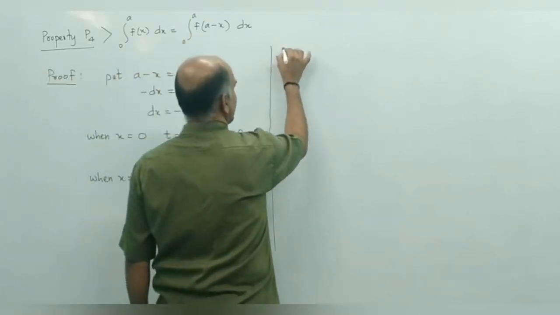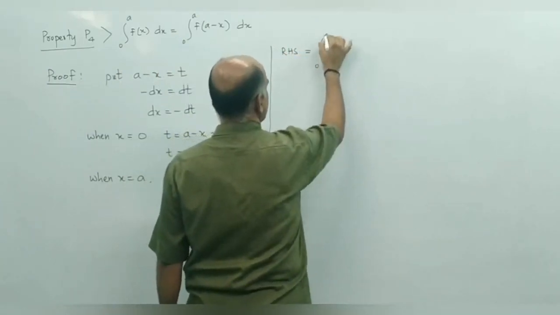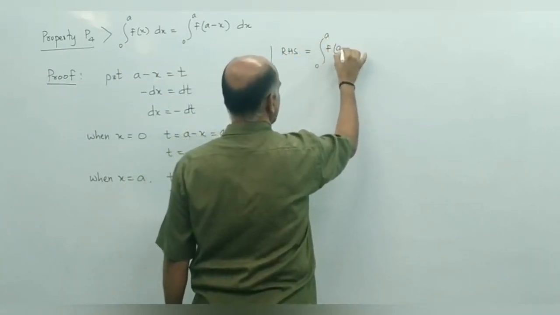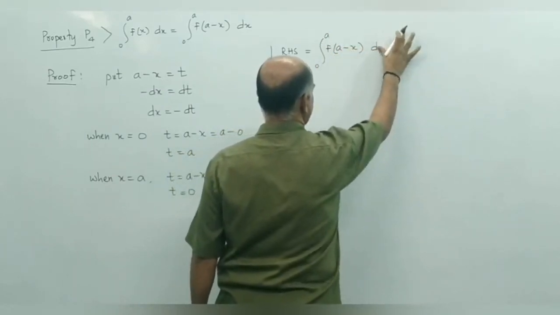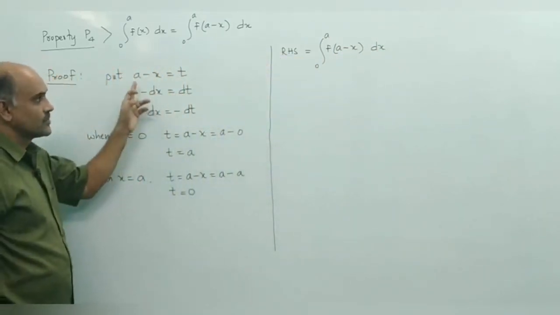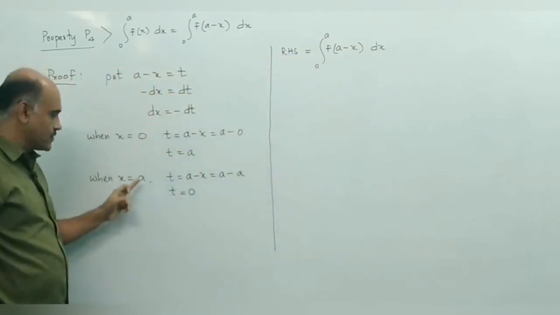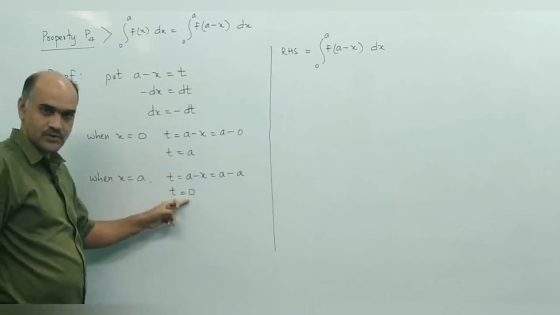So if I take RHS, 0 to a f of a minus x dx. Now 0 to a: when x is 0 and x is a, t will change from a to 0.